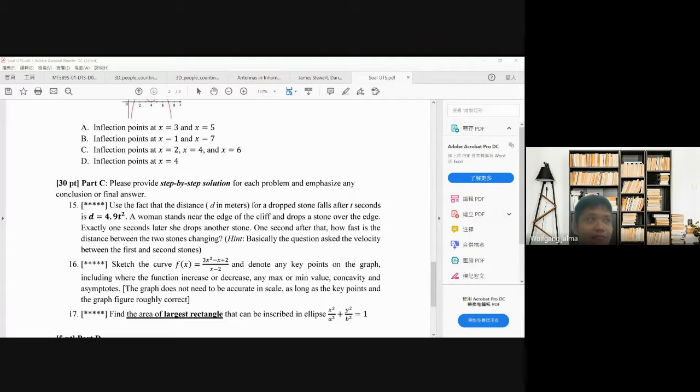The function is not one-to-one, so it doesn't actually have an inverse. It only has an inverse if we limit the domain. If x is bigger than 0 or x smaller than 0, then we have the inverse. Otherwise, we don't, because it's not one-to-one.